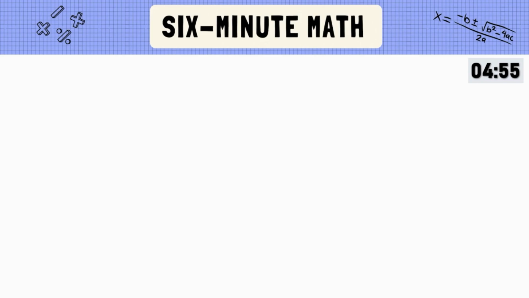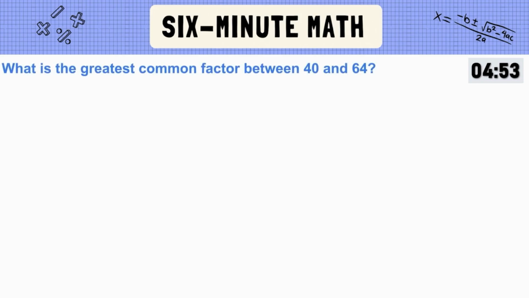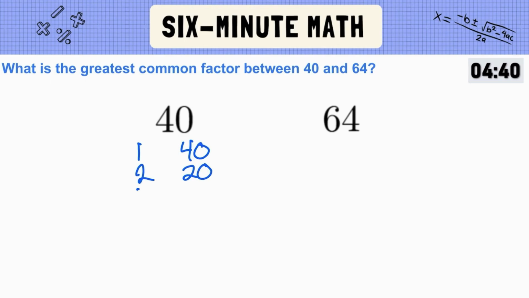So let's see some examples. We're going to find the greatest common factor between 40 and 64. So I'm going to write my factor U's for both of these numbers. 1 and 40, 2 and 20, 4 and 10, 5 and 8.